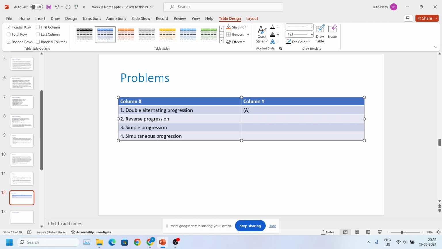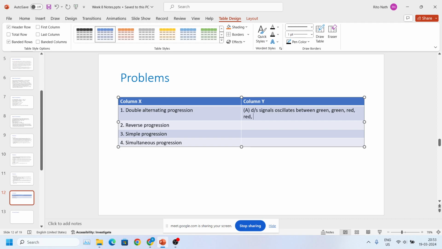Downstream signals. Selects between green, green, red, red, green, red, red, and so on.